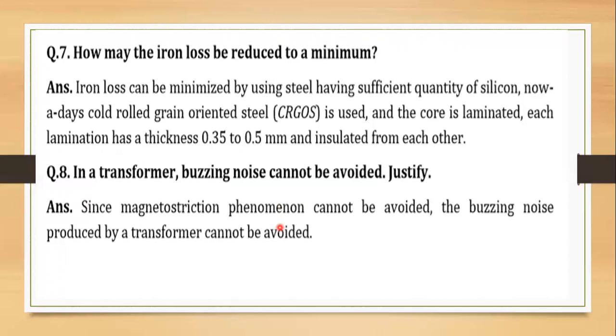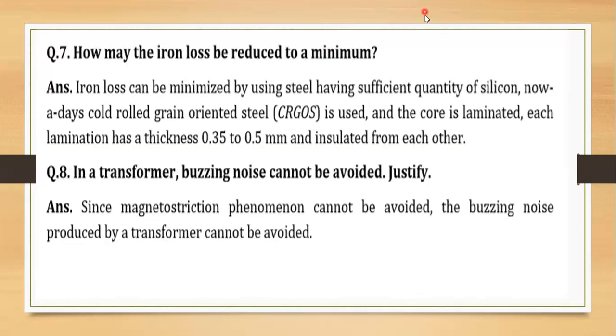That's why the transformer makes sound, called vibrating: the length and size of the core are slightly increasing and decreasing. Okay, so this is the concept regarding the transformer. These are the different types of short answer questions.